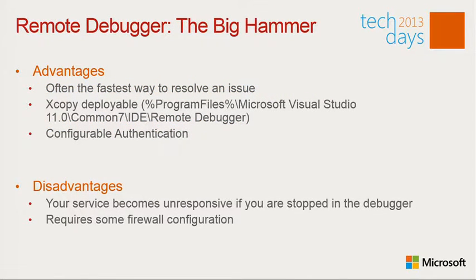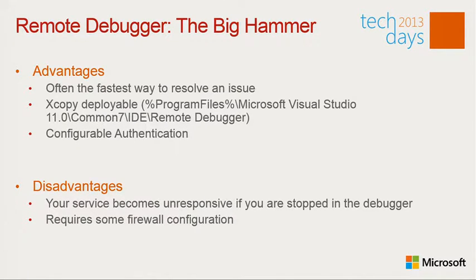Now, given those limitations, the first tool that I'm going to talk about is the remote debugger, which in this case I call the big hammer, because while it's the first one I'm going to talk about now, it might actually be the last one that you end up going to. Why is it the big hammer?